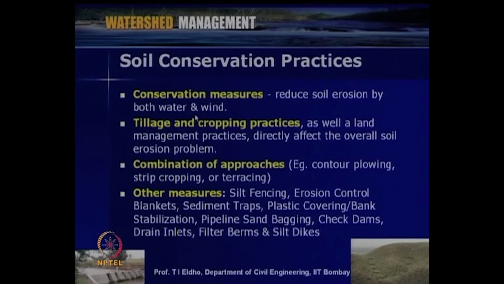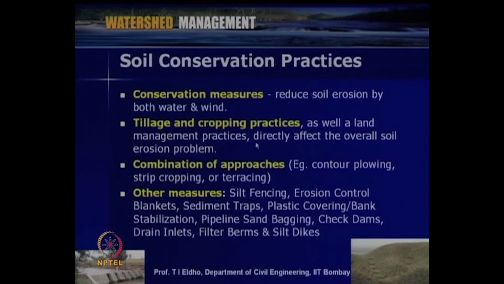What kind of measures can we adopt? Various measures are possible. Some of the important measures are listed here, like tillage and cropping practices, as well as land management practices. These directly affect the overall soil erosion problem. This is a direct intervention in a watershed or in an area.